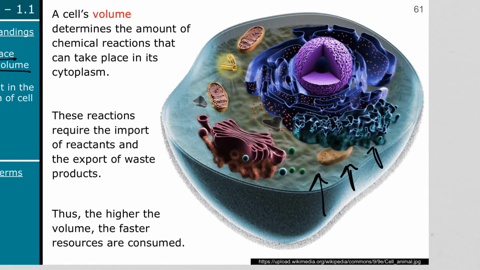So you've got entry and you've got exit, and the more going on inside of the cell, the higher the volume, the higher the need for movement across the cell membrane.